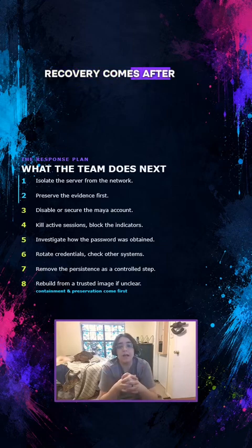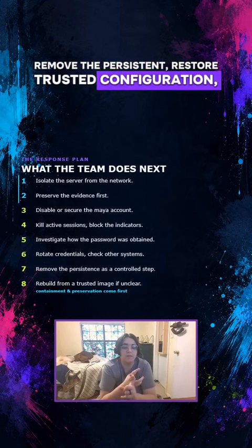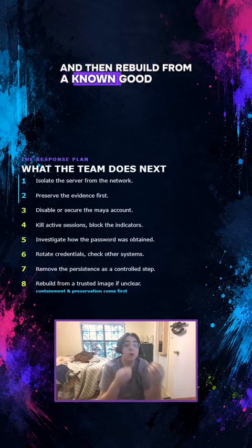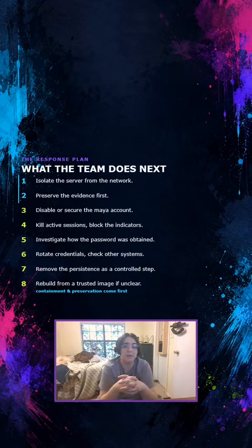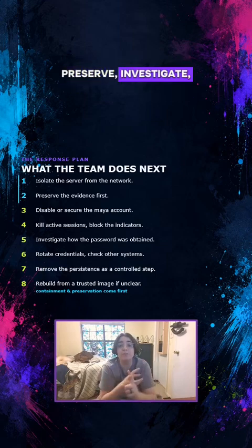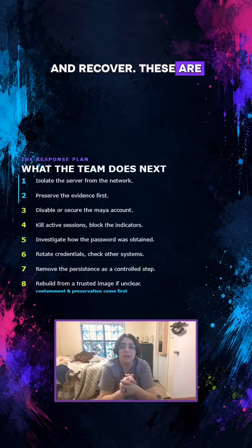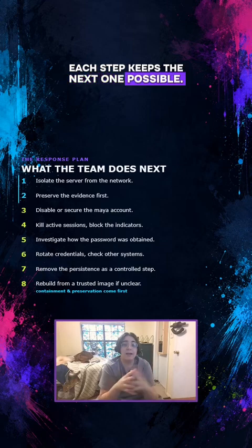Recovery comes after that. Remove the persistence, restore trusted configuration, and then rebuild from a known good image if the host's integrity can't be established. Basically, all of this is to say your methods are contain, preserve, investigate, and recover. These are not unrelated topics. Each step keeps the next one possible.